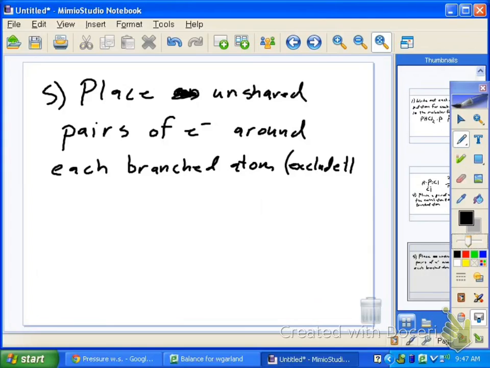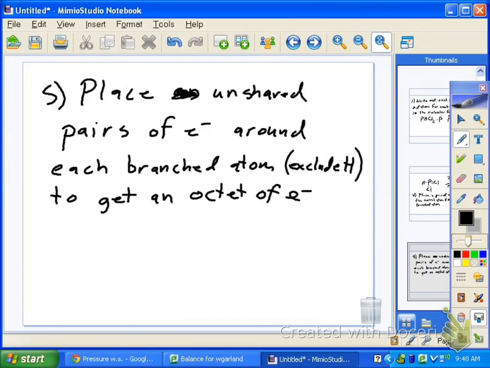Yeah, exclude H. Okay? To get an octet of electrons. So we're going to start using up the rest of those 14 electrons.